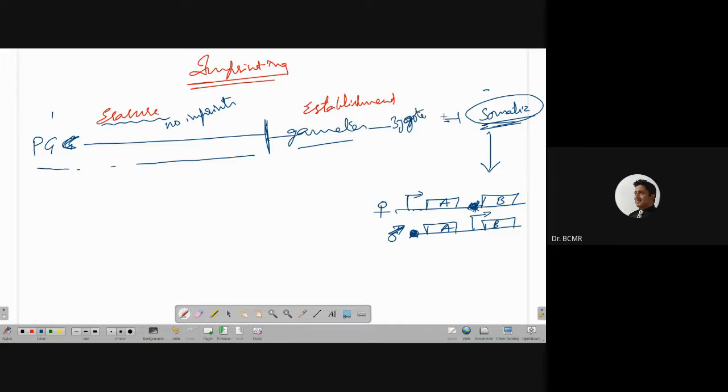The zygote will give rise eventually to somatoplasm and the germplasm. The germplasm is what will give rise to the primordial germ cells. The somatoplasm will form the whole body. All the cells in the body will have imprints that have been established during gametogenesis.